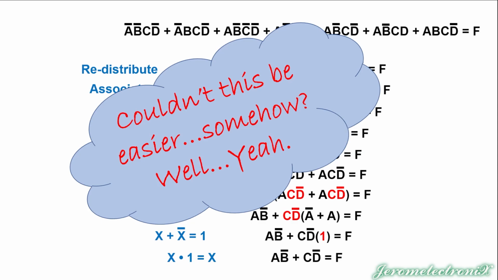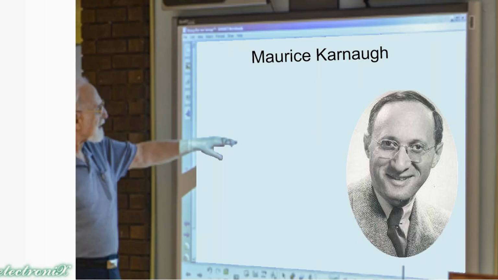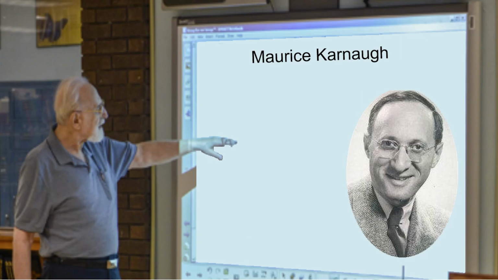And yes, it can. And the person that figured out that it could be easier is a guy named Maurice Karnaugh. These are both pictures of Maurice Karnaugh. He's the old guy on the left and the young guy on the right. When he was a young guy on the right, he came up with the solution to making simplification easier using what we today call K-mapping or Karnaugh mapping.